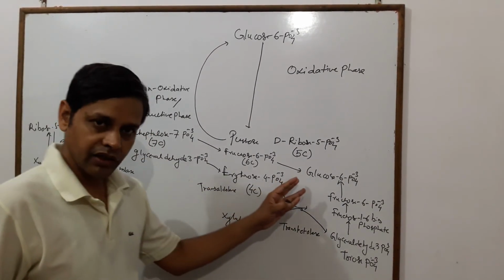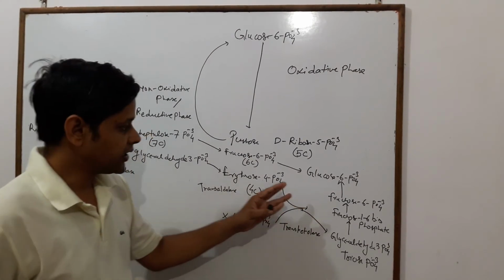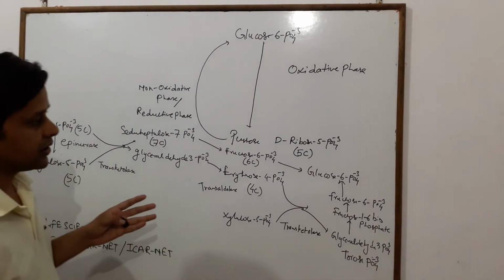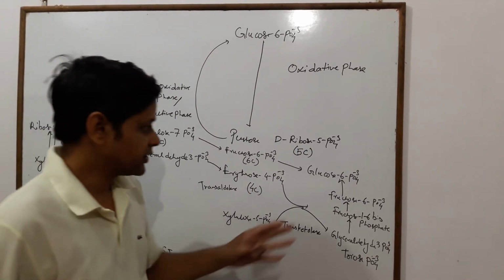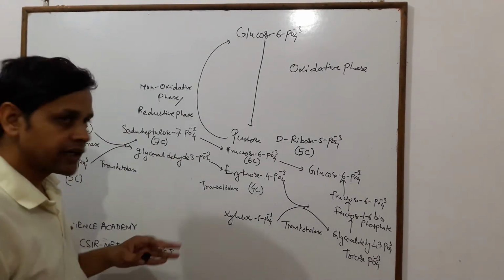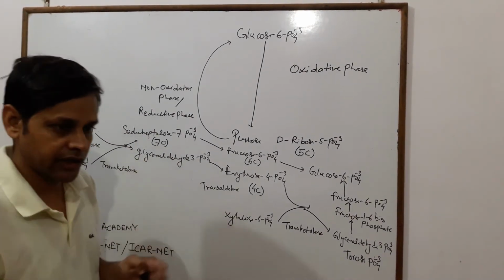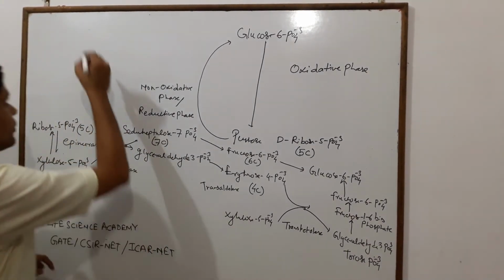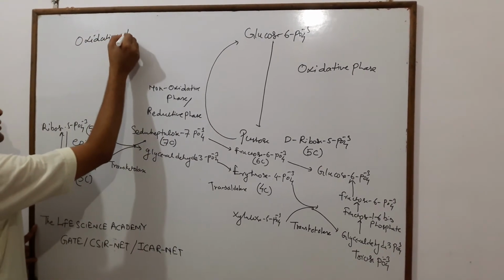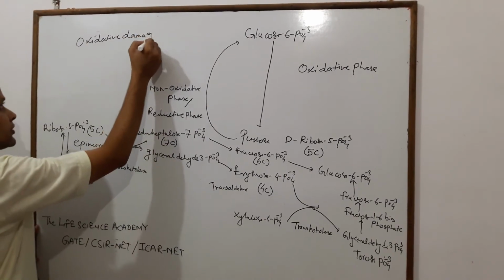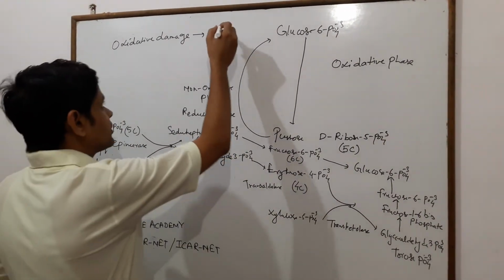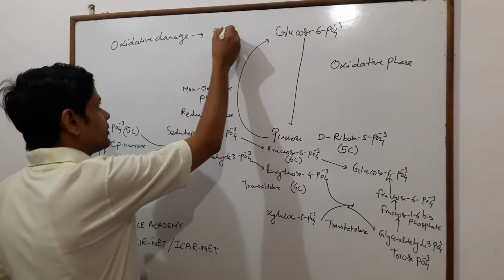This is one of the major factors. Another factor is that when the cell is synthesizing glucose 6-phosphate metabolite, it needs protection from environmental stress like oxidative damage, which usually occurs due to the hydroxyl free radical.